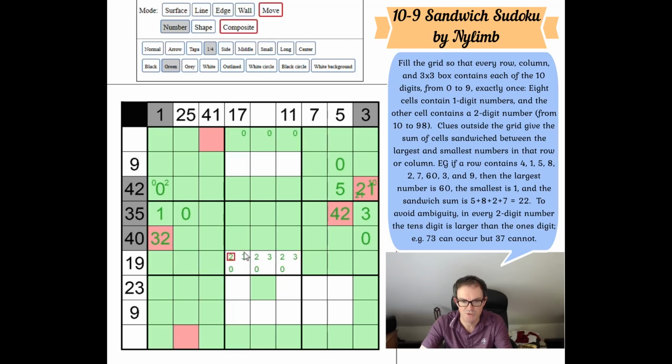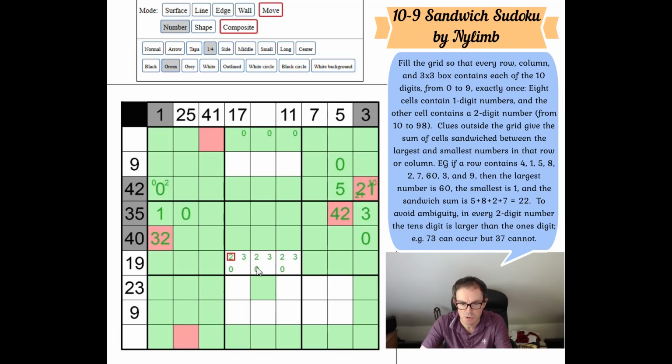But if I put the 0 here on its own and put the 2-digit cell here, there's obviously only one cell between them, and one cell can't add up to 19. So in this little block of 3 cells, we know that the 2-digit cell and the 0 cell interact. We also know, moreover, that the 2 and the 3 are in here. And either of those is going to be too close to bound the 19 sandwich.